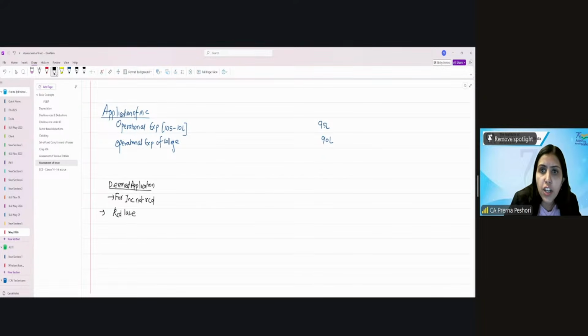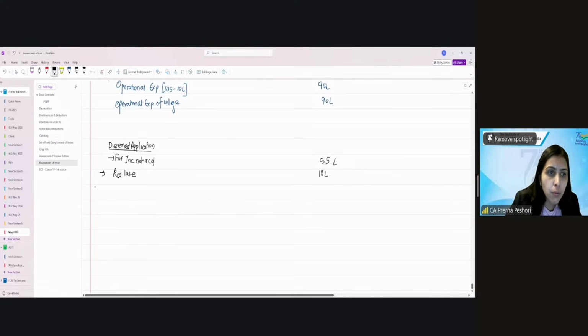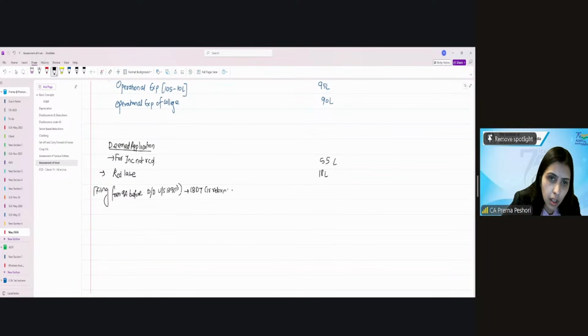So which is 55 and 18 lakhs, by filing form 9A before the due date under section 139(1). So you can write this is the CBDT circular relaxing the due date. Yes or no? So this will be considered as deemed application. Clear?